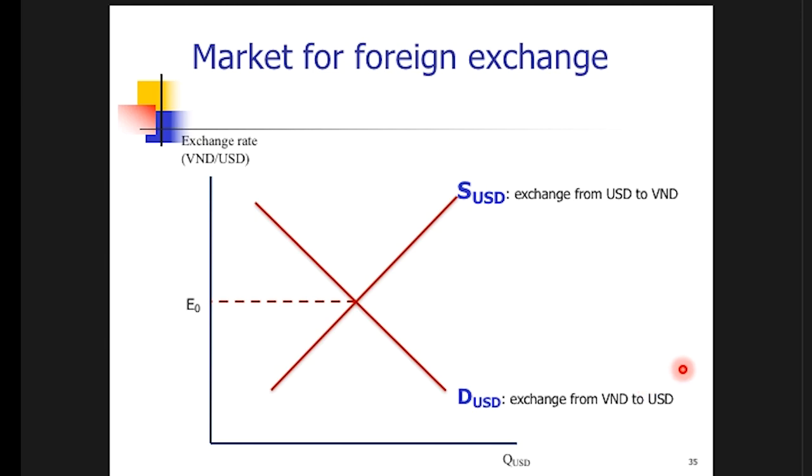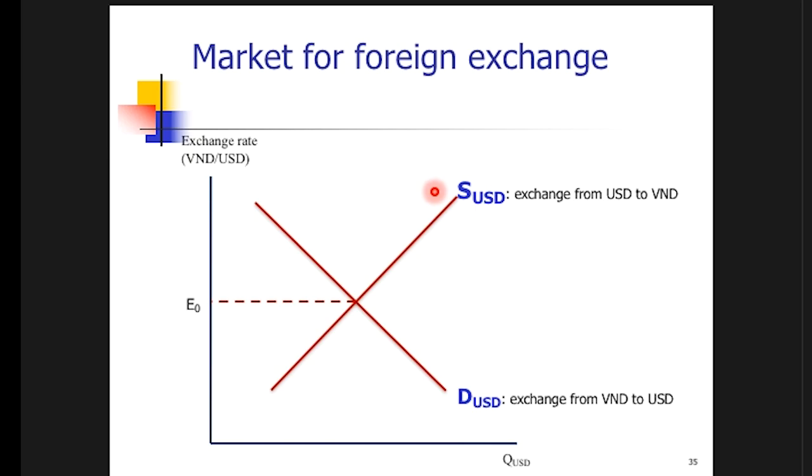For example, when you go to the US, you need to exchange from Vietnam dong to US dollar. So it will affect the demand for US dollar. Another example may be when Apple opened a factory in Vietnam.